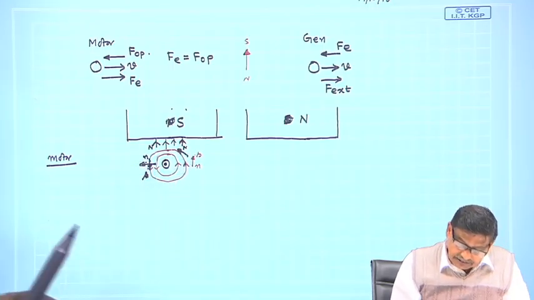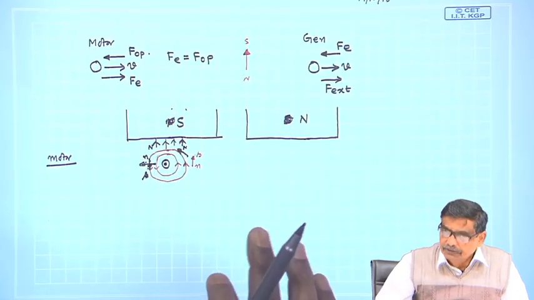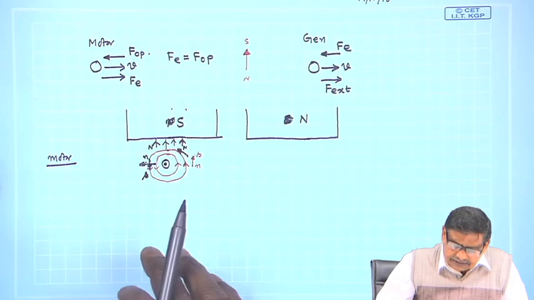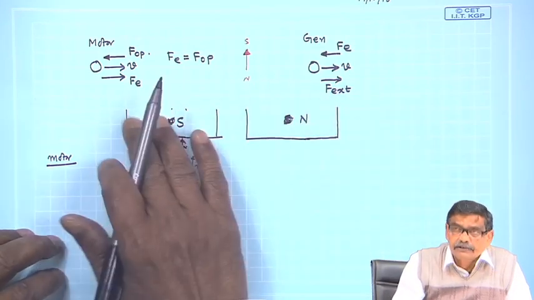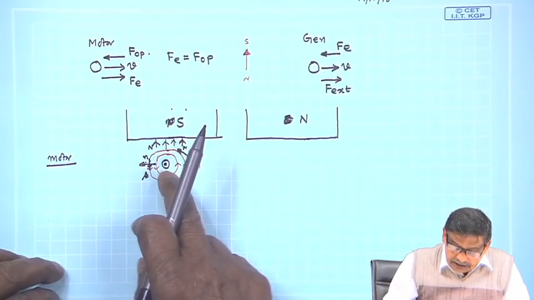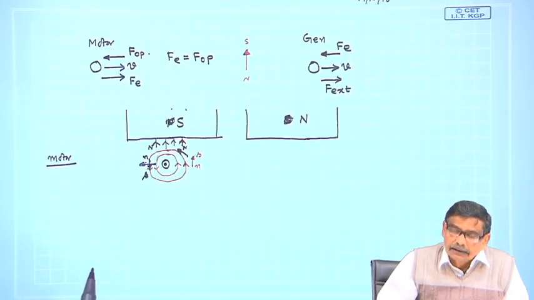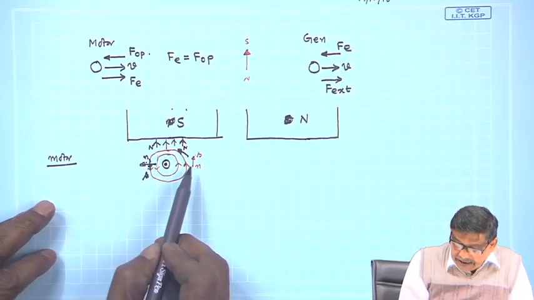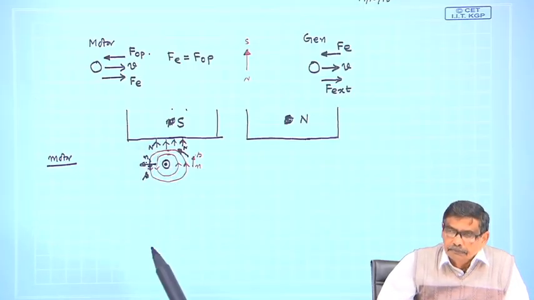Therefore, what we notice is that this current and magnetic field interact and give you torque or force. But another way of looking at it is like this: on the stationary structure you have some south and north poles, and the conductors which will be moving eventually, if carrying some current, also produce some north-south pattern, and it is the interaction of these pole patterns that will give you motion.